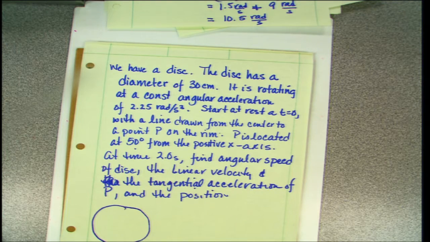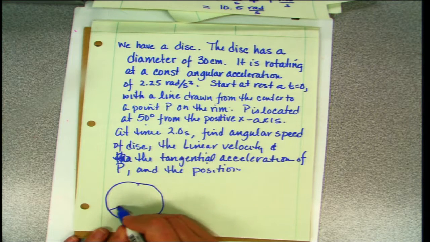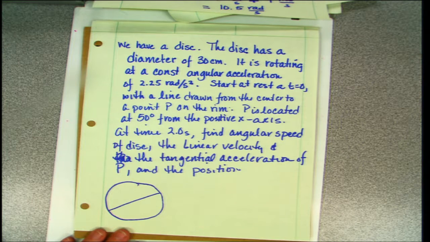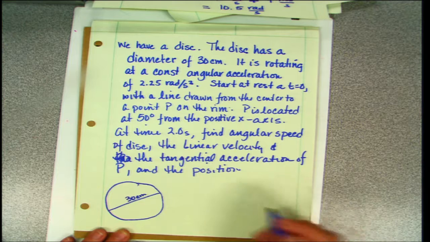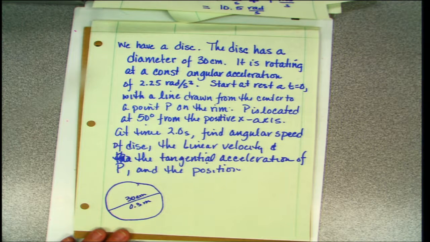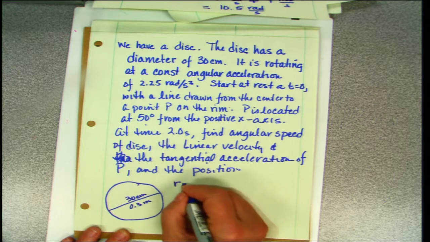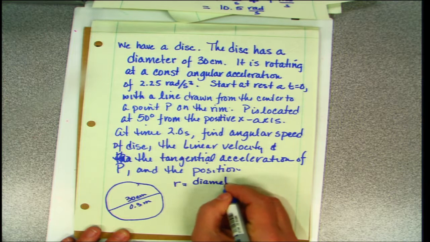And I really need the radius. My radius is the diameter divided by 2, so I take my 0.3 meters, divide by 2, and I get 0.15 meters for my radius. So that helped me out. When in doubt, draw the picture to start. Okay, so that's the first picture.